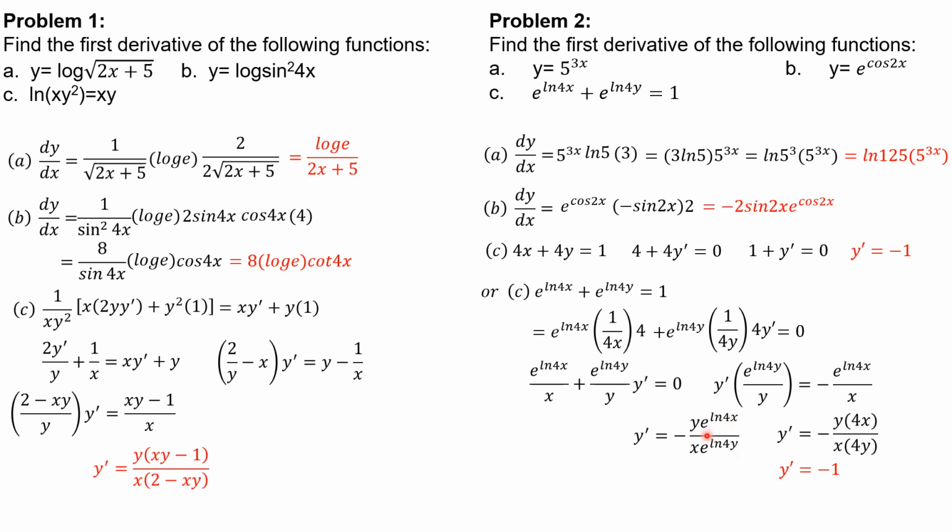Then we write the equivalent of e to the ln 4x as simply 4x, e to the ln 4y is simply 4y. Therefore, this becomes negative y times 4x over x times 4y. So we can cancel 4, we can cancel y, we can cancel x, we canceled everything. Therefore, what is left is negative 1. So y prime is negative 1.